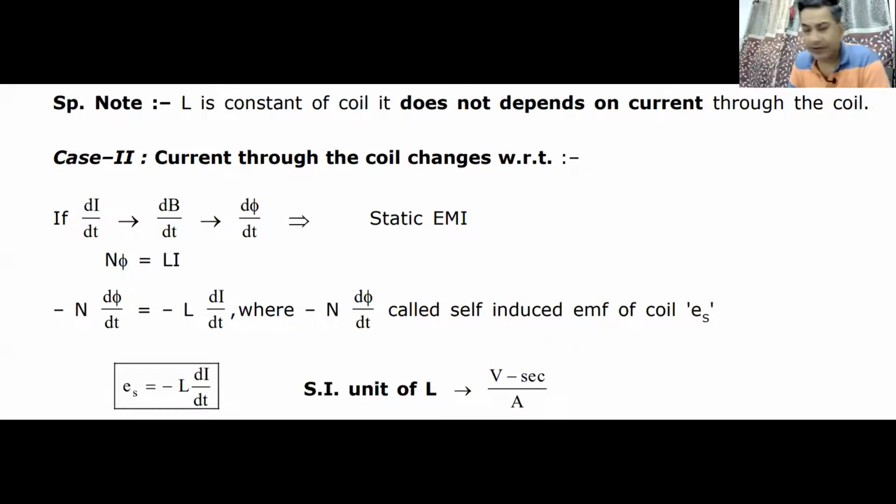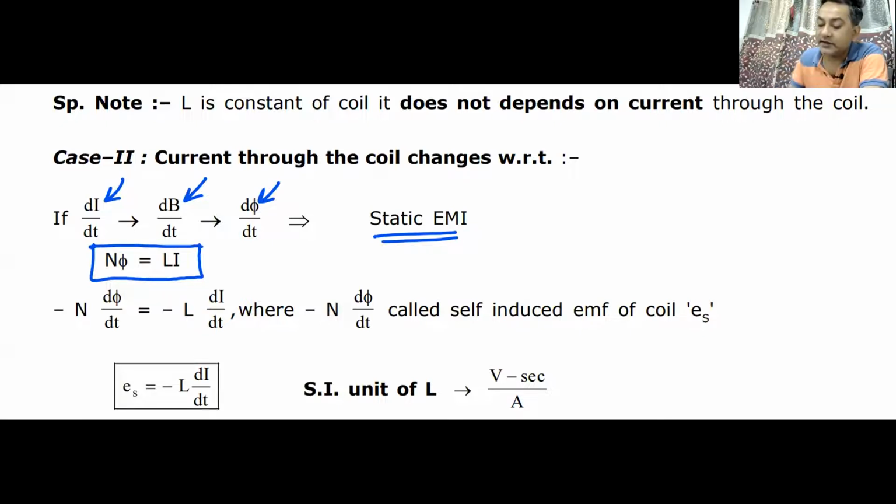Now what will happen if the current starts to change? It's very easy to understand. If the current changes with time, di by dt, that will make the magnetic field change with time. That will make flux change with time. And whenever flux changes with time, you will have an induced EMF. N phi is equal to Li. We have already seen that.